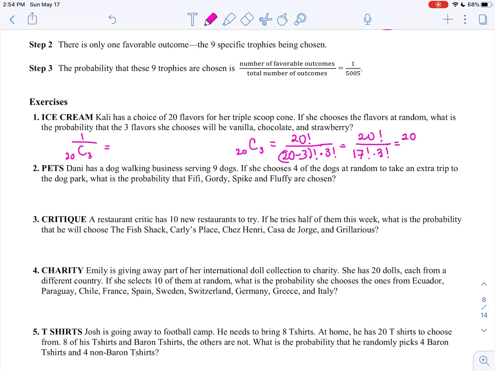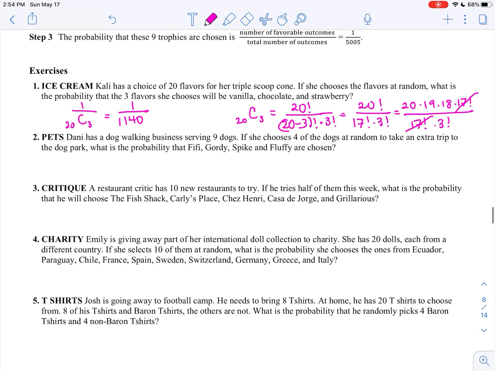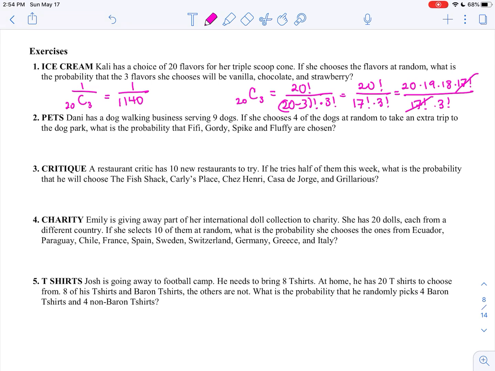You can even think of 20 factorial as 20 times 19 times 18 times 17 factorial, in which case the 17 factorials cancel out, and you're really dividing by 3 factorial instead. And so when you simplify that out, you get 1,140. So there's only a 1 out of 1,140 chance that she would get vanilla, chocolate, strawberry.